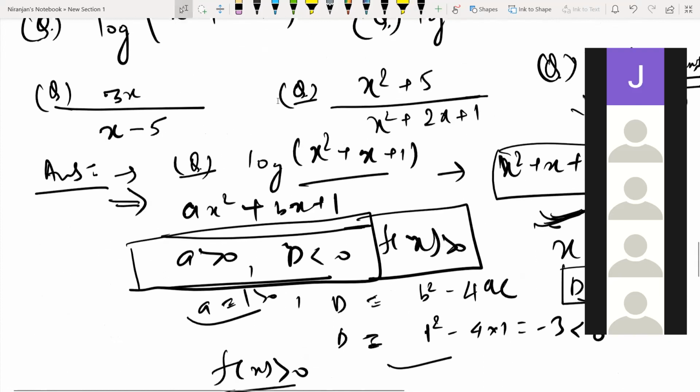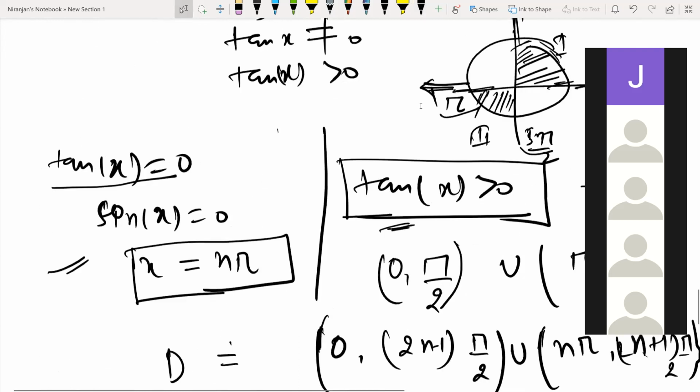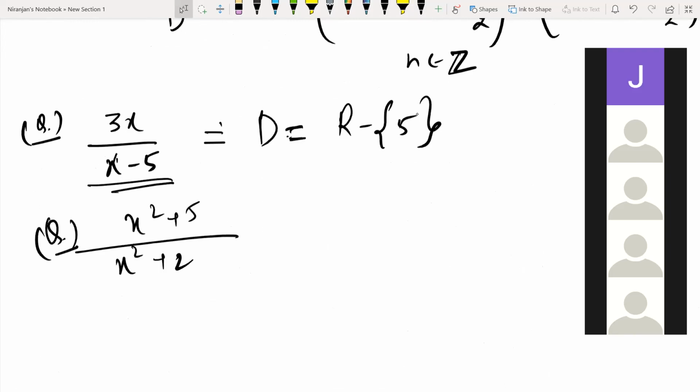This one, Gulfisha, tell me, this one, x square plus 5, and this is also pretty easy. What did you get? What is the domain? So the denominator is greater than 0, so these are positive numbers.